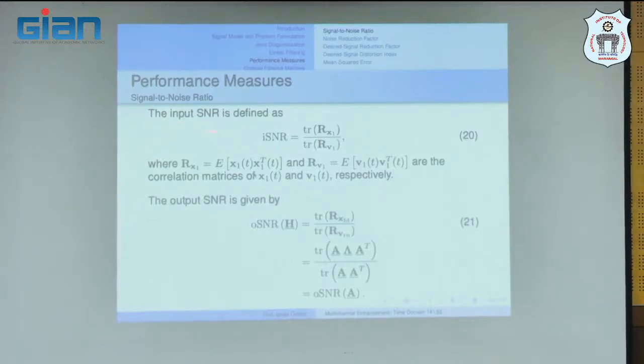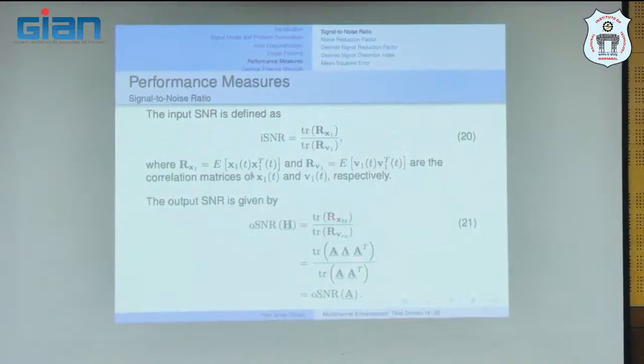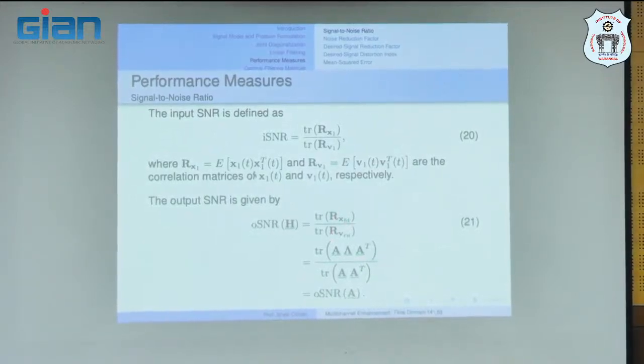Here, this is the input SNR in the reference sensor, which we denote as sensor number 1. And this is the output SNR, the signal to noise ratio at the output after the matrix filtering, which is the trace of Rx filter desired divided by the trace of the residual noise.